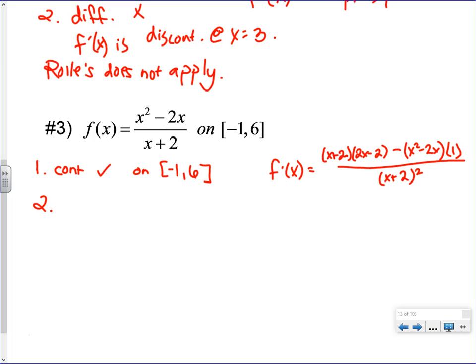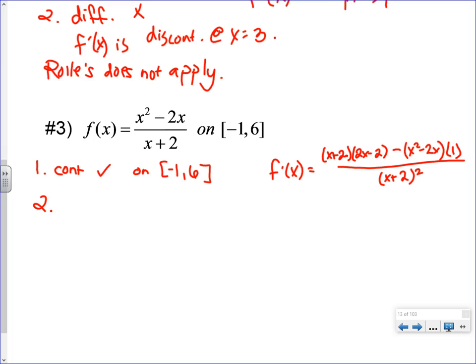Pause. What are you supposed to be answering with number 2, looking at the derivative? Is f differentiable? So you look at the derivative and say, when does the derivative exist? Always, it's differentiable. Ooh, not always. Ooh, f is not differentiable somewhere.